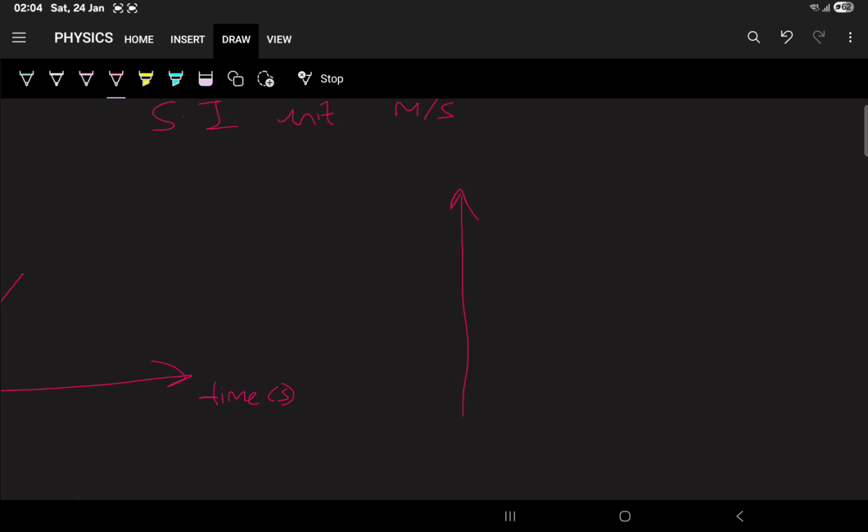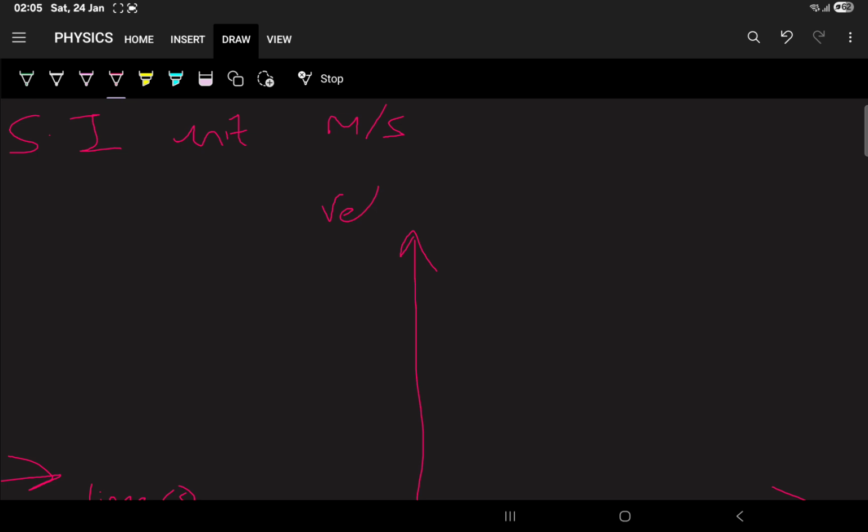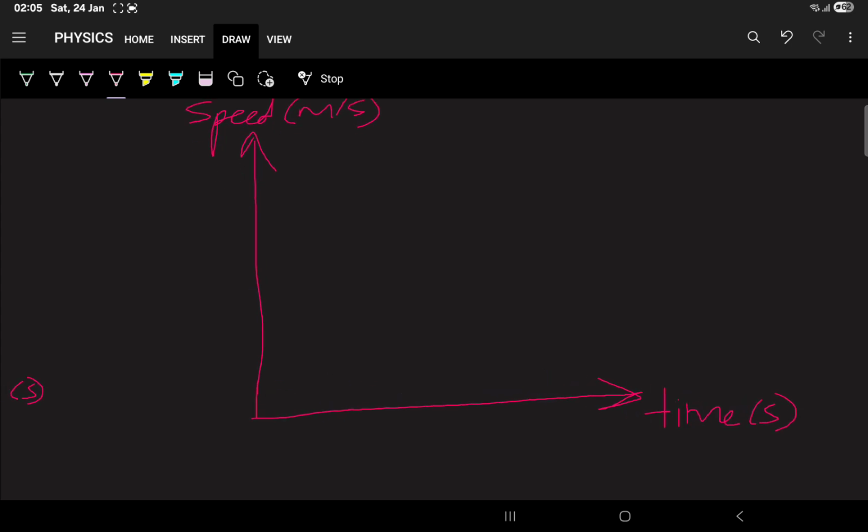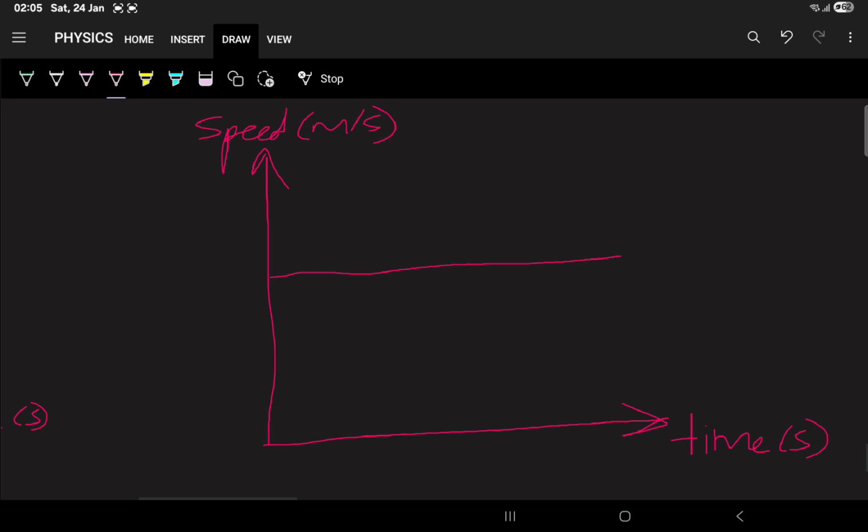Whereas we can also have a speed time graph, speed in meter per second, time in second. Now uniform or constant speed will be a horizontal line parallel to the x-axis or the time axis here. Why?